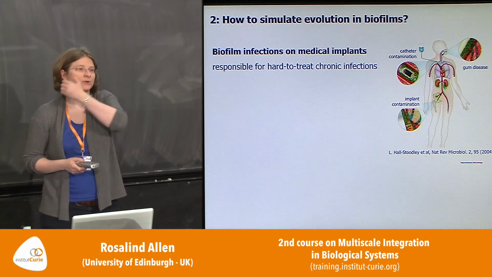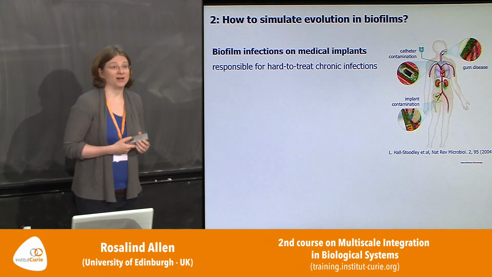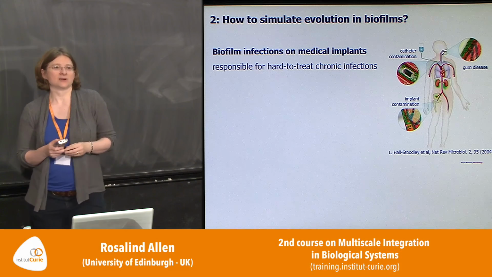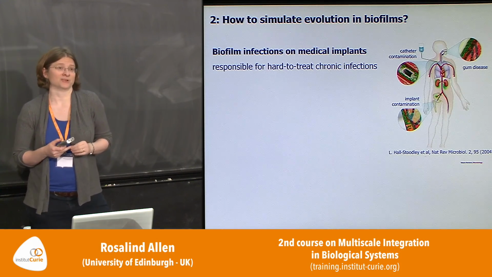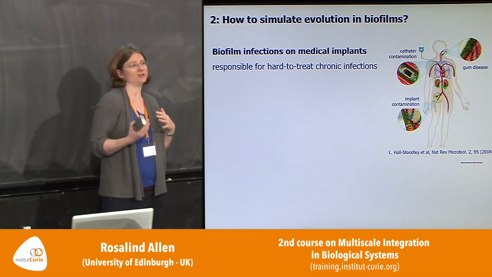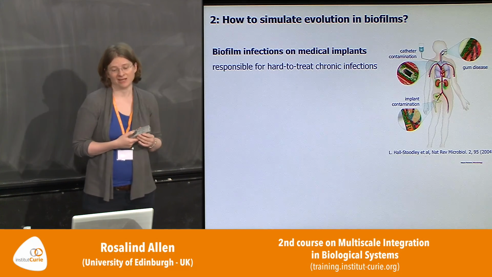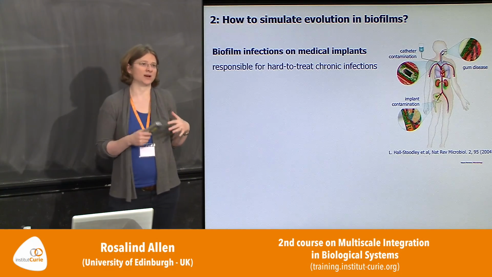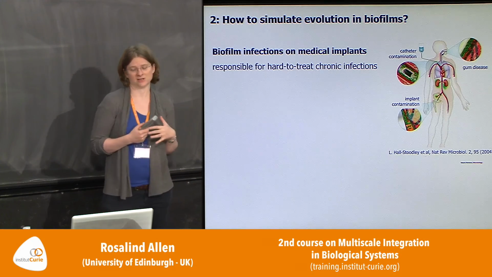But we're also interested in biofilms for all kinds of other reasons. One of the things we're interested in is how you actually get evolution happening in biofilms, by which I mean evolution of genetic variants within the population. The reason we're interested in this is because, as I mentioned, biofilms are quite prevalent in infection situations.